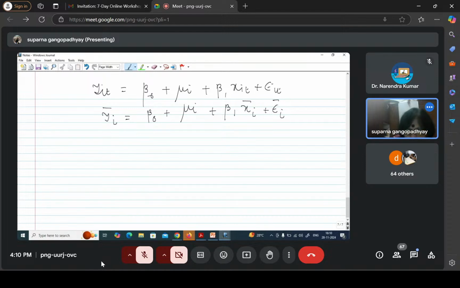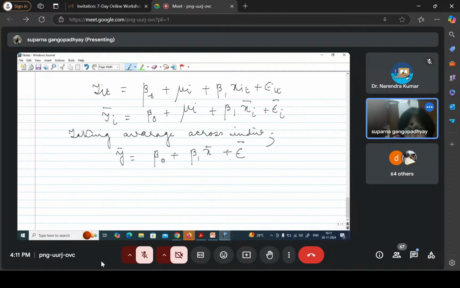Clear? Again, you can take the average across individuals, first over time, then across individuals also. Then i will be dropped. So taking the average across individuals, I get y bar equal to beta 0 plus beta 1 x bar plus epsilon bar.